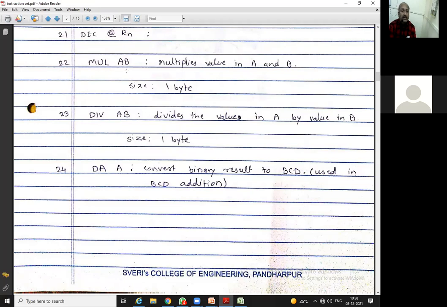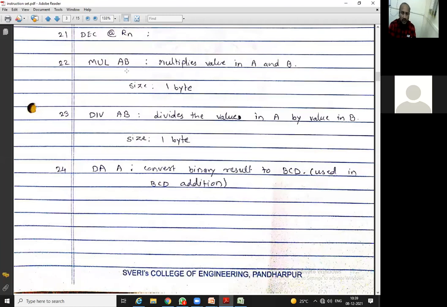The next one is DA A. This is a decimal adjustment. When and why is it required? In BCD addition. For that, you are supposed to recall the concept of BCD numbers, which you have studied in second year digital techniques. That is binary coded decimal, which is limited from 0 to 9 itself.